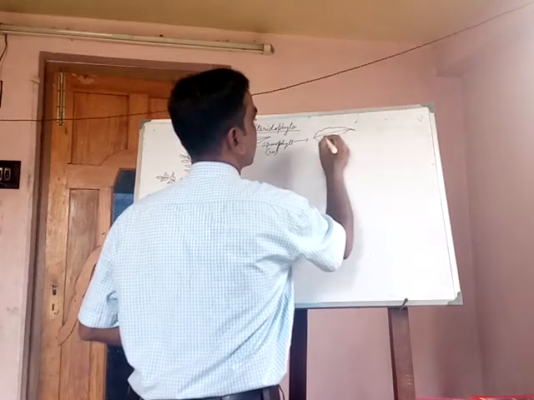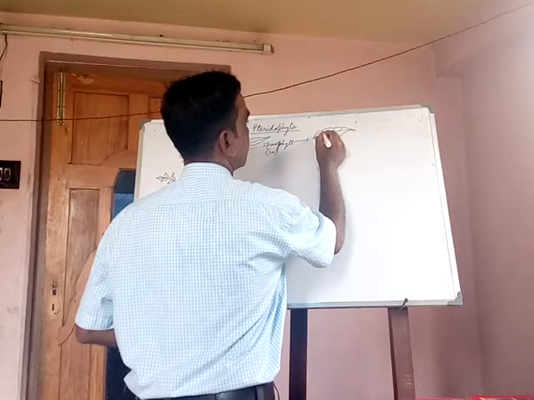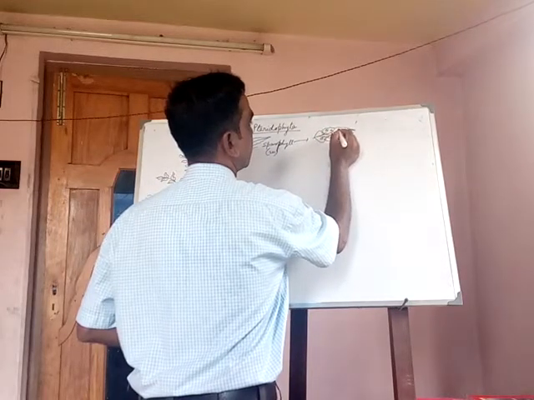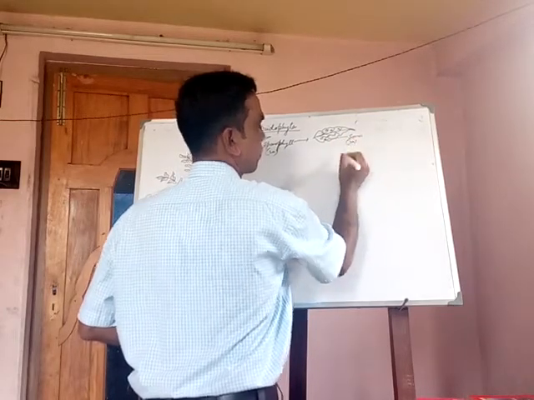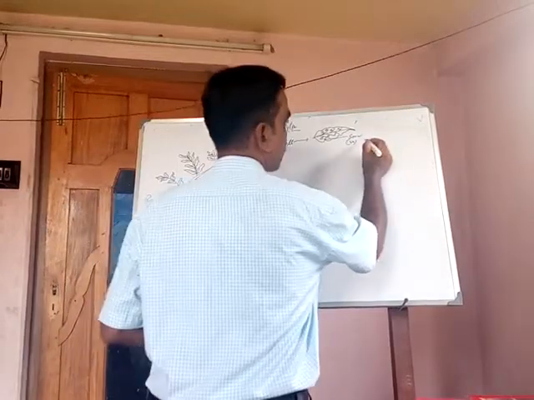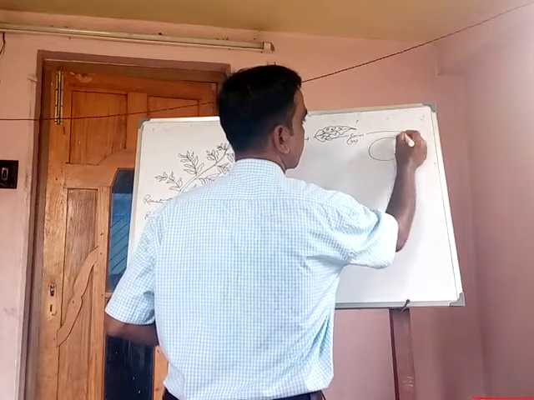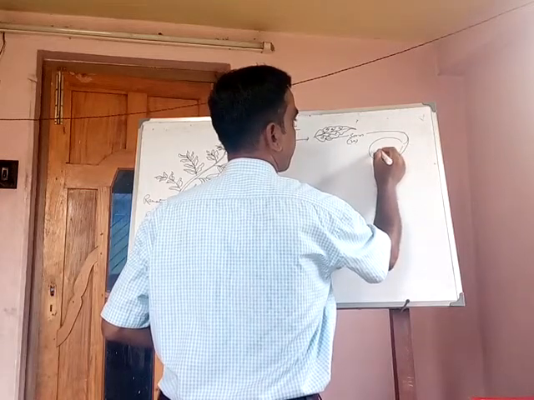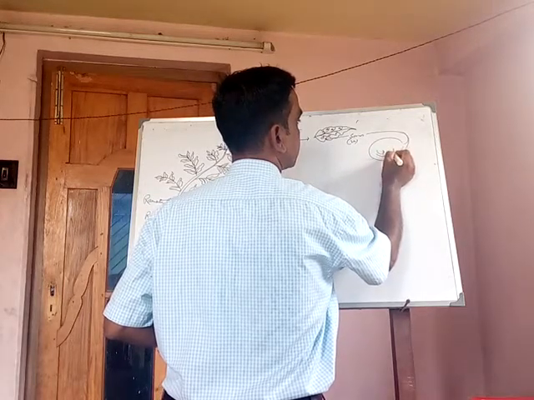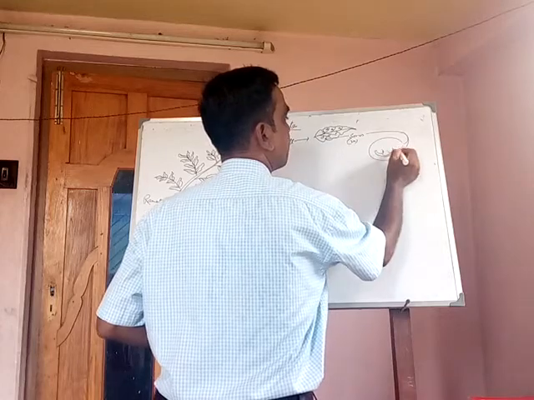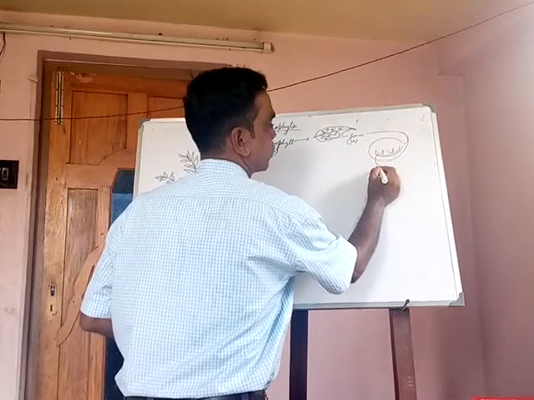nodulate structures called sori. Each and every sorus can produce, that is, in the sorus structure, many sporangia are found.